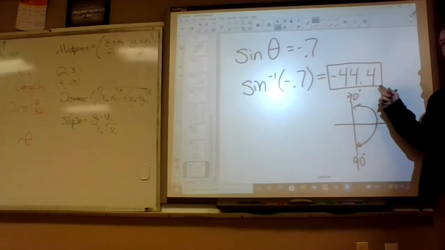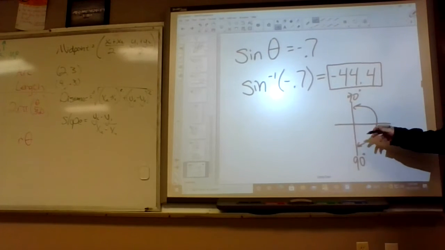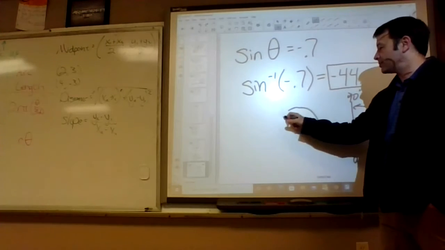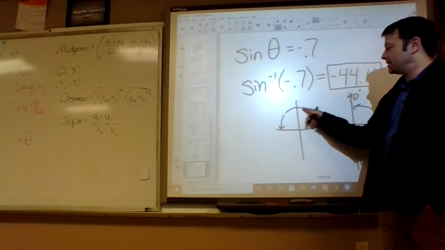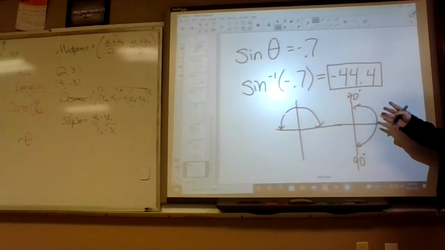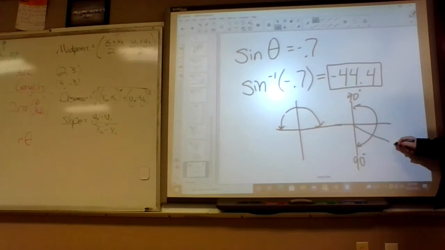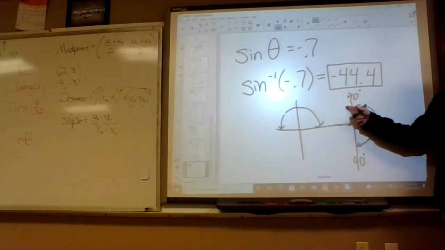For sine specifically, sine inverse is going to give you an answer from negative 90 to 90. Cosine inverse goes from 0 to 180, in one of these two quadrants. They gave us negative 44.4, but we're supposed to give our answers from 0 to 360.